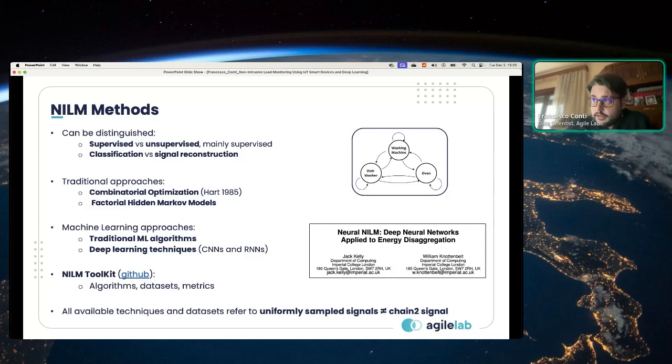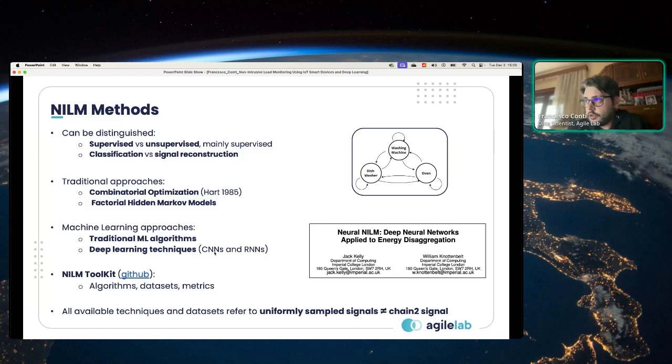The most recent techniques are actually based on machine learning approaches, as you can imagine. So we have traditional machine learning here. I mean that we have handcrafted feature extraction, so features extracted from the time series. And then we could use traditional algorithms such as XGBoost or even linear models. But actually, the most effective models today are deep learning based.